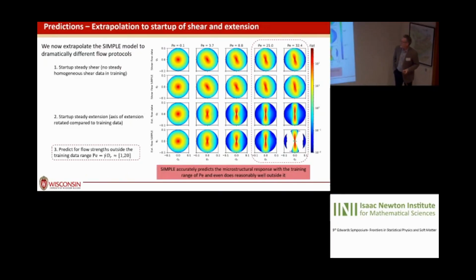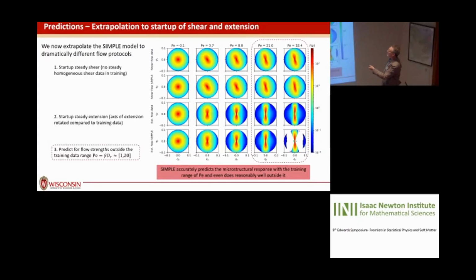One thing that we didn't do in the training was simple startup flows, startup of steady shear or planar extension. And so now we're showing the results. This is the data, again, data in quotes. These are the steady state model predictions for startup of steady shear at a variety of Peclet numbers.